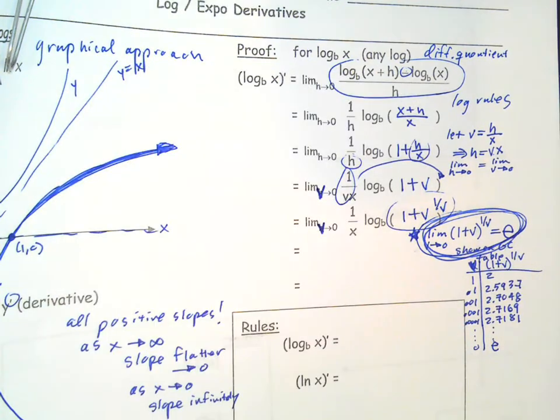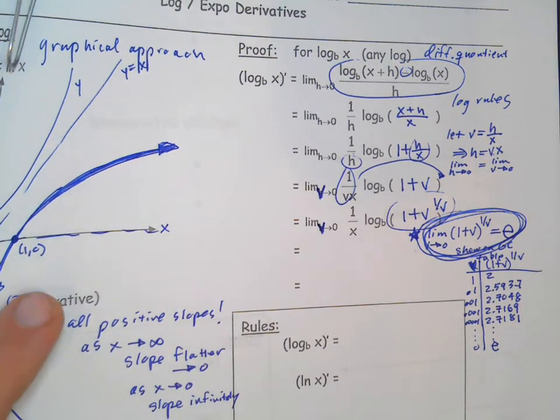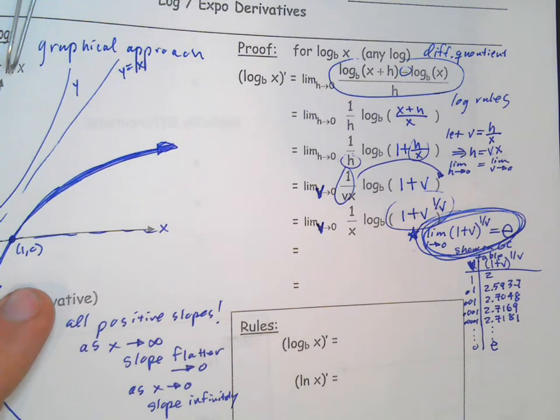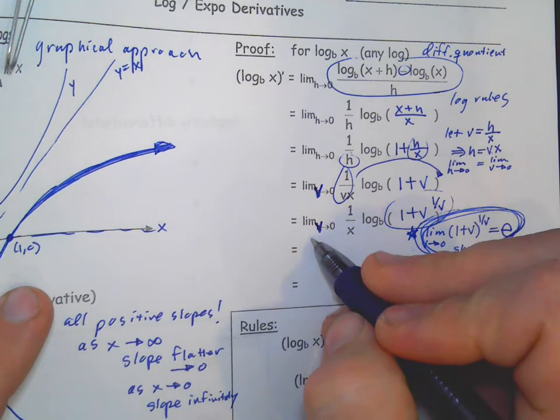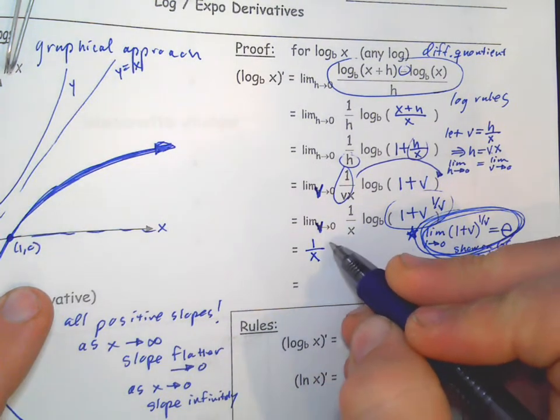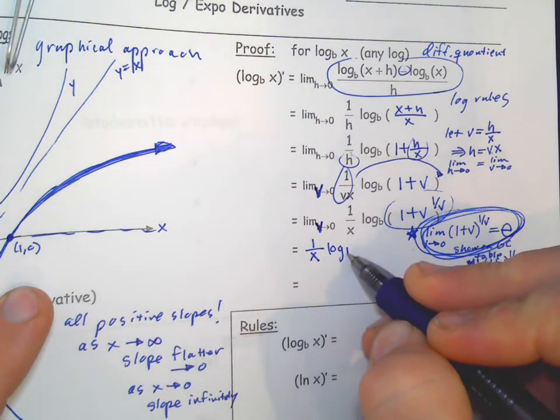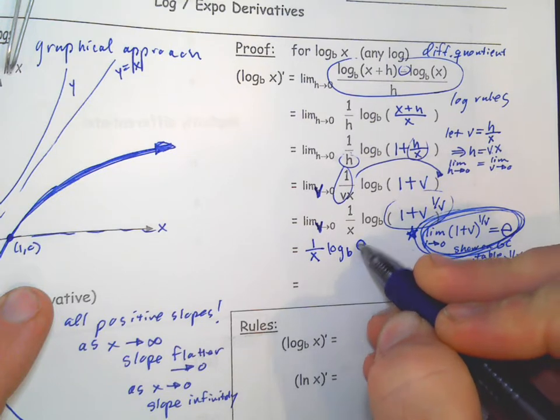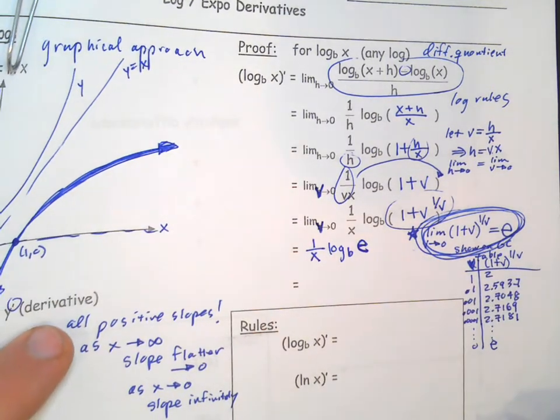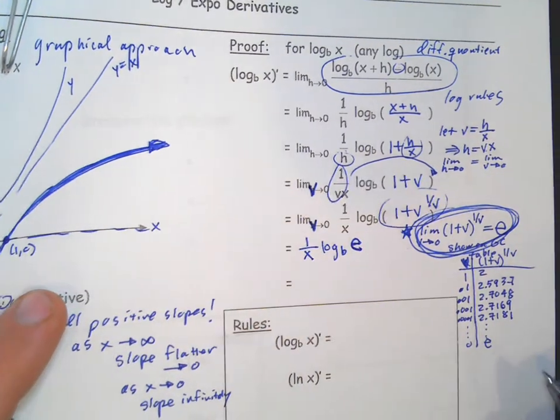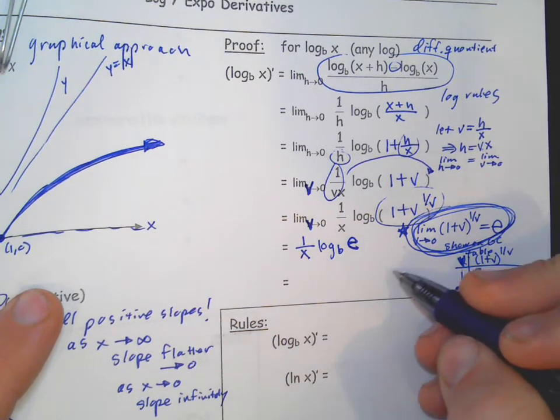Kind of interesting result. So if we go ahead and put that in there, this is 1 over x log base b of e. And then I'm going to use another log rule called the change of base formula.